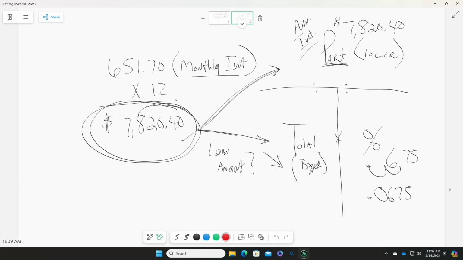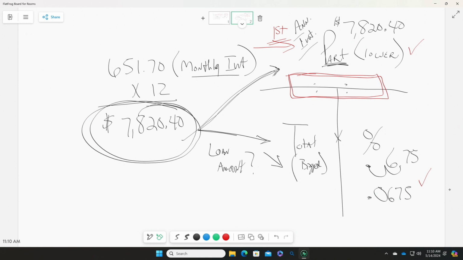Now, what does our math tell us to do? Well, anytime you have one at the top and one at the bottom, the math tells you to divide. And you're always going to put the top number, the part or the lower number, in your calculator first.